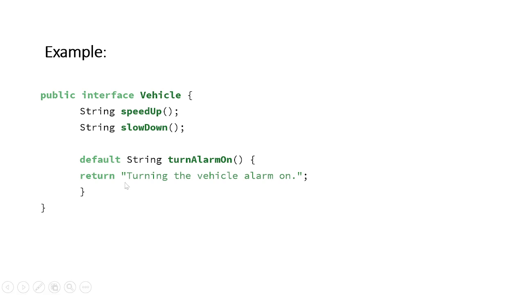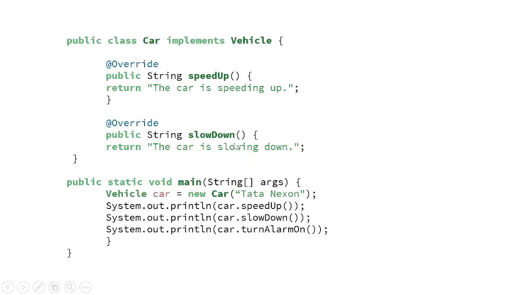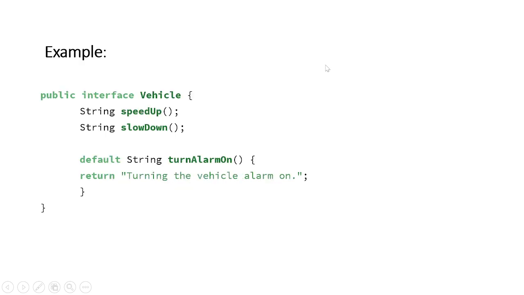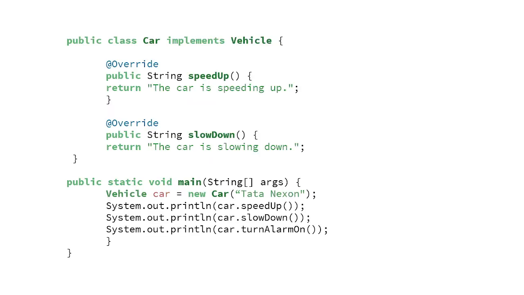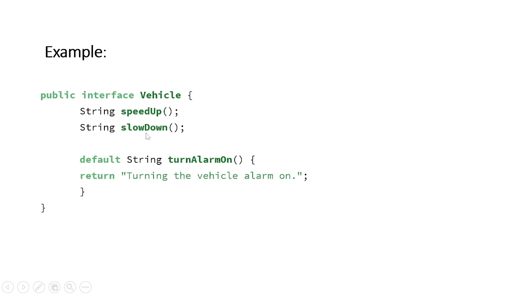What benefit are we getting? Let's think about it. Suppose this Vehicle interface is used not only by Car, we have multiple implementer classes. If we introduce a new method in this interface, we need to override that abstract method in all the implementer classes like Car, otherwise you will get an error in the implementer classes.